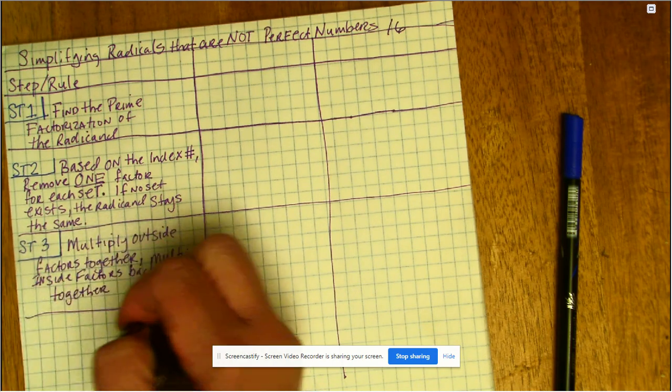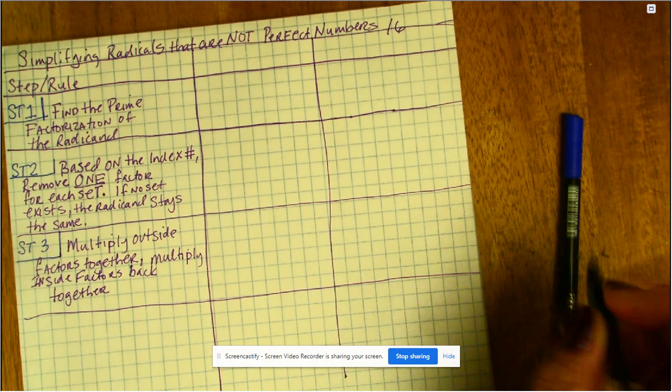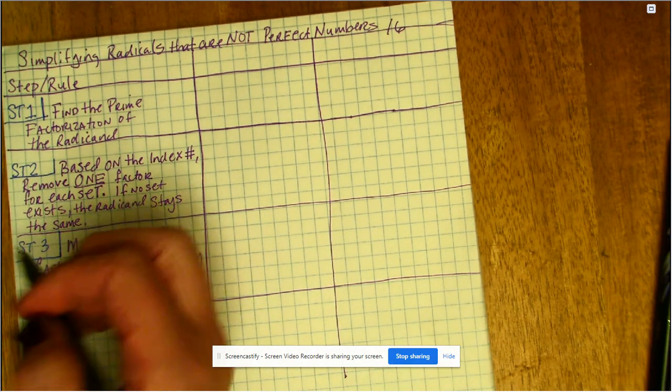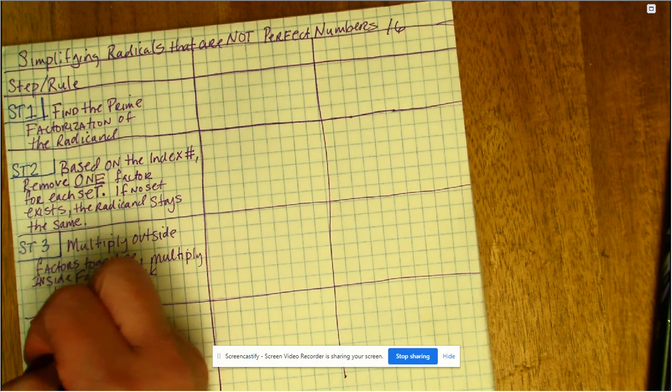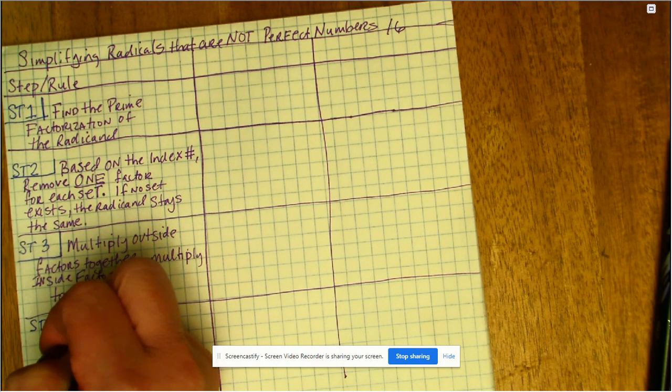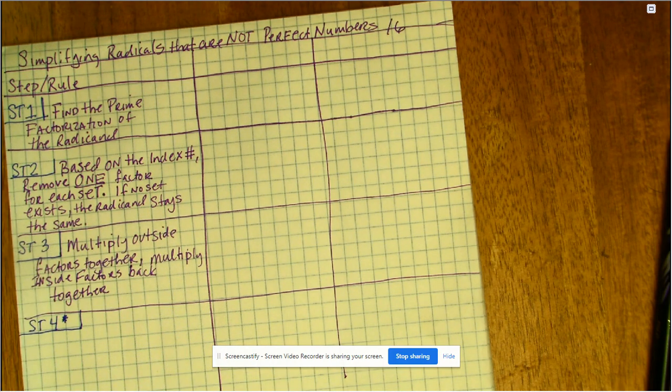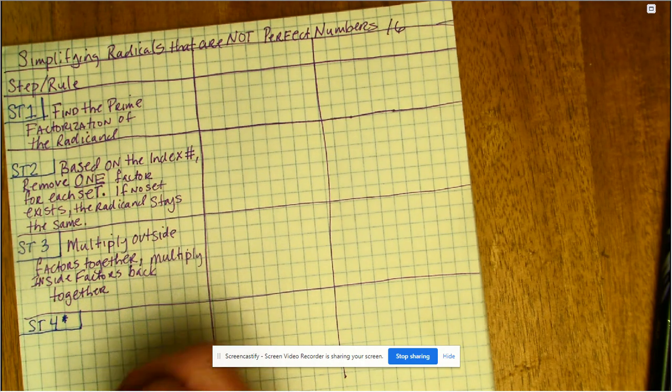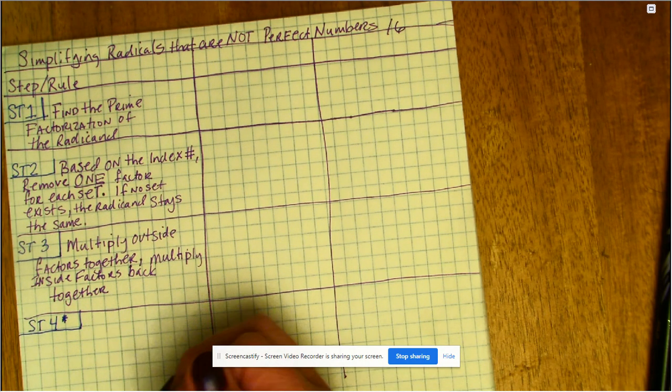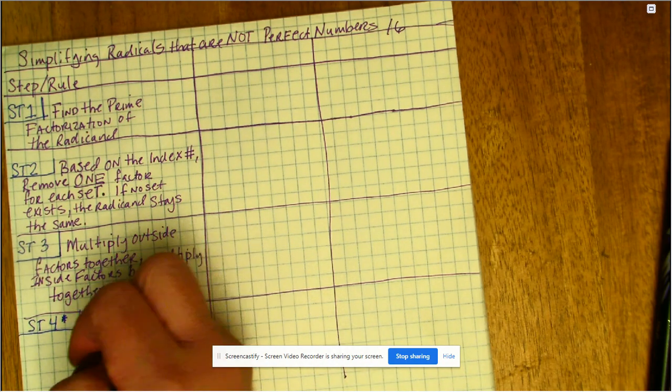So then let's move on to step 4. We're going to put a little asterisk there. Sometimes this is needed, just like sometimes this may not be needed. So step 4 is going to be talking about the variables. Like what happens if you have a number and it has variables attached to it.